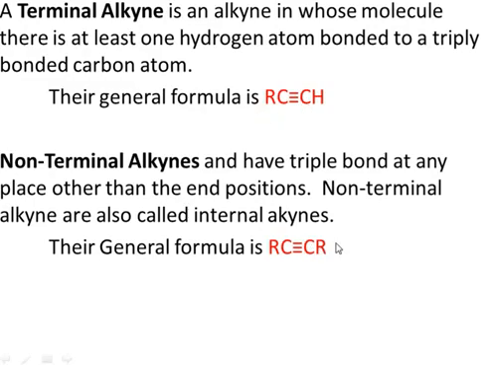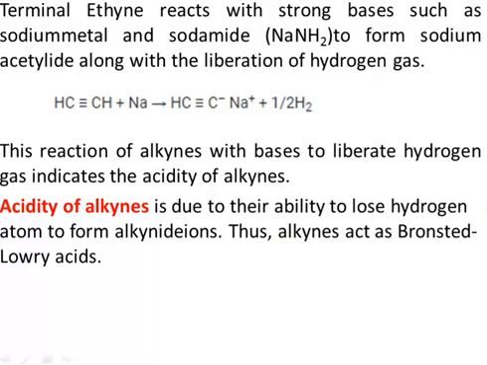In case there is no hydrogen directly attached to the carbon-carbon triple bond, then such an alkyne is known as non-terminal alkyne, and they are also known as internal alkynes, right? So this is an internal alkyne because no hydrogen is directly attached to this sp hybridized carbon, right?